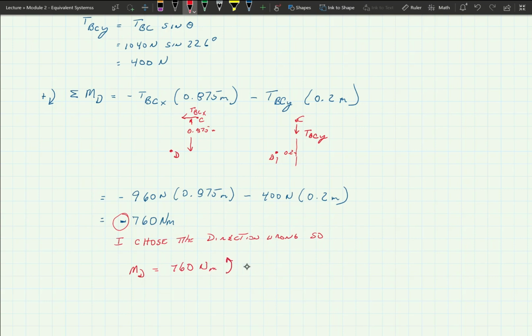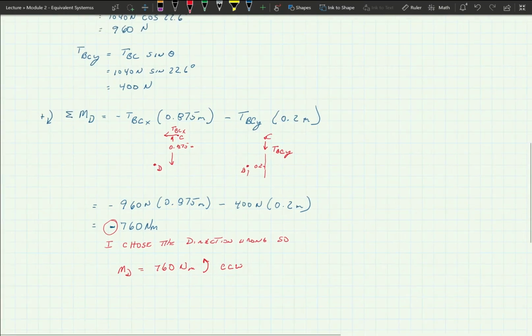So it becomes counterclockwise. Okay? And that's all that means. Simple. That's the solution to that problem.